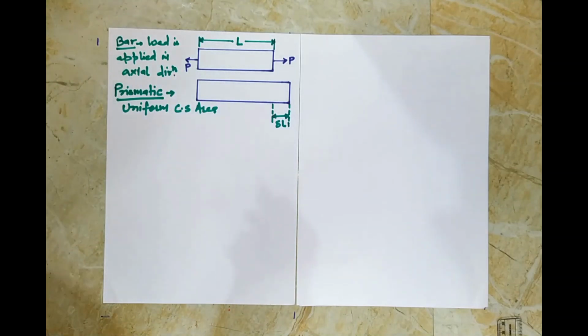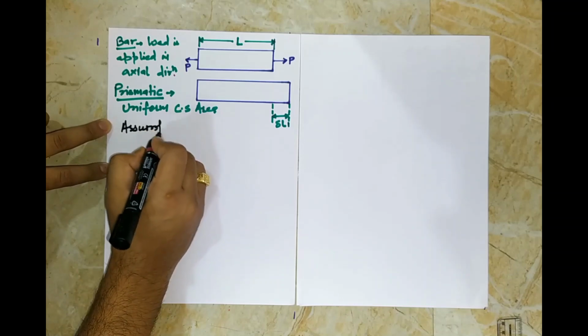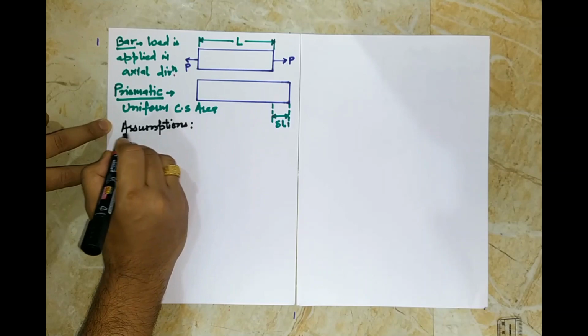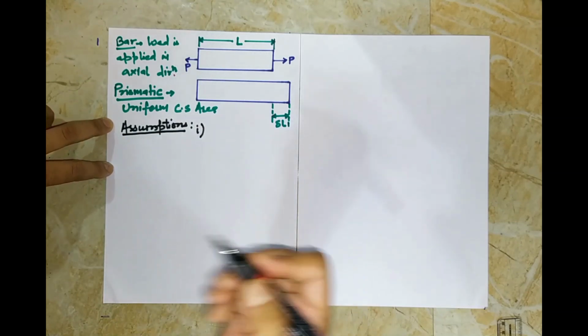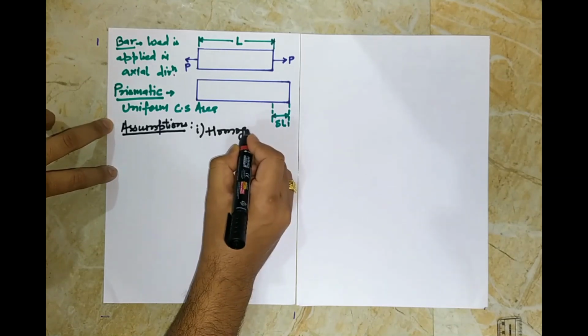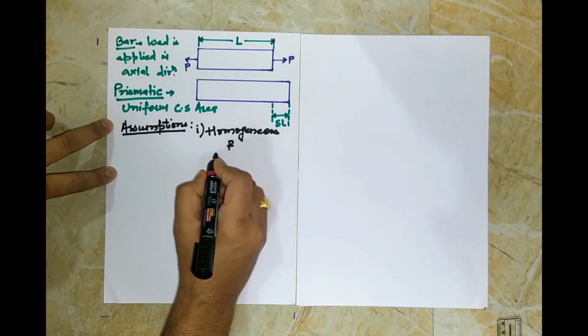So, we'll start with some assumptions. Our first assumption will be that the material of the bar is homogeneous and isotropic.